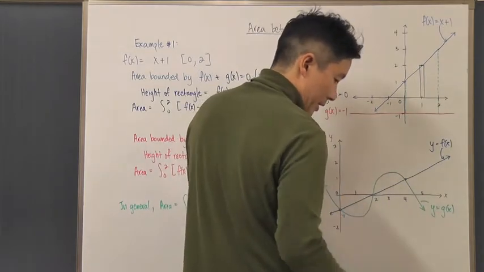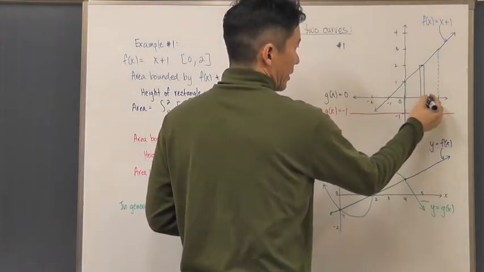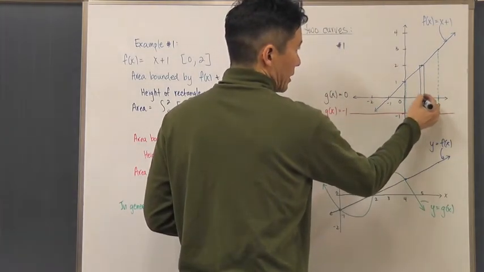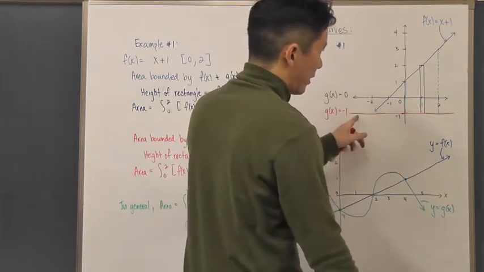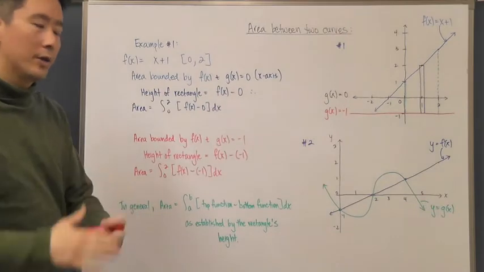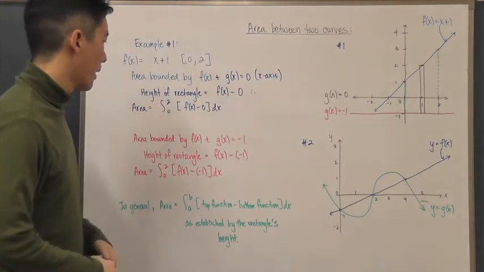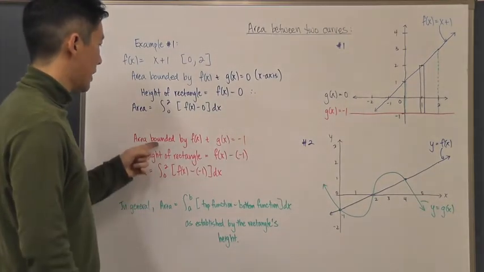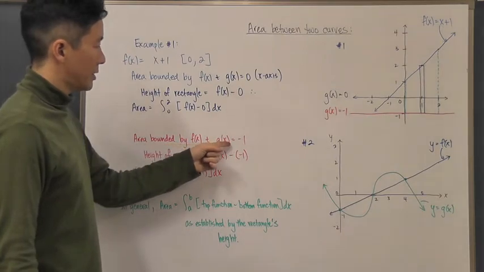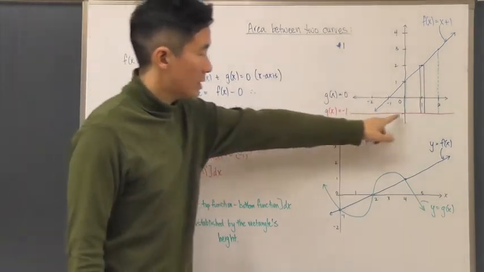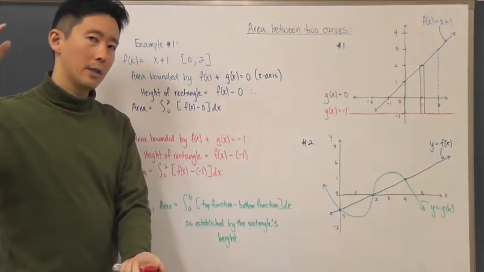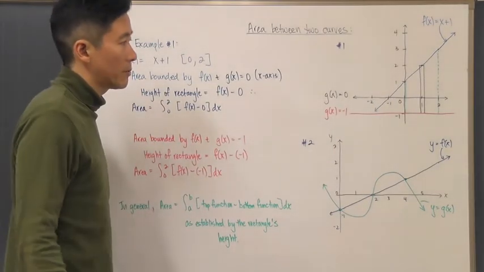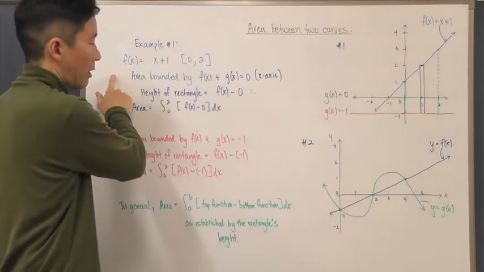In addition, the height of the rectangle is this long now, because this value over here is the bottom curve. So when I look at the area bounded by f of x and g of x equals -1, the height of that rectangle is now 1 unit longer than it was before with this example here.